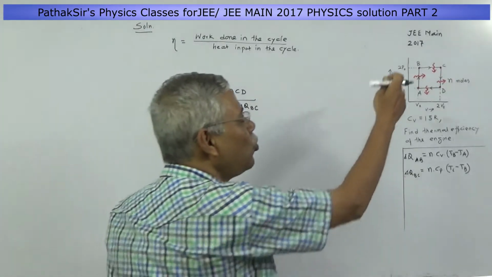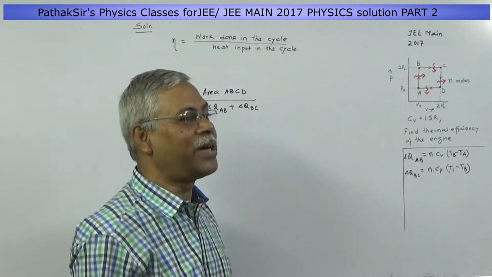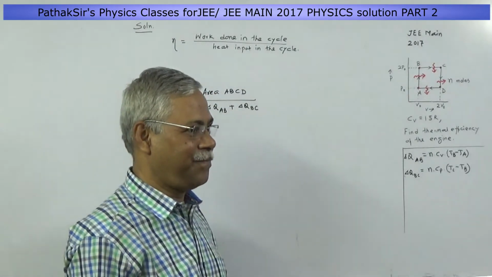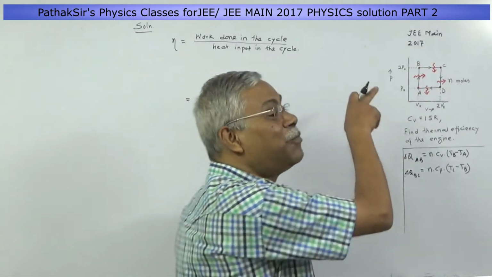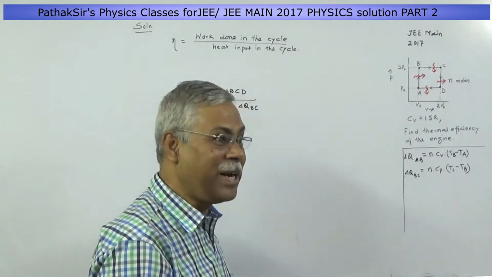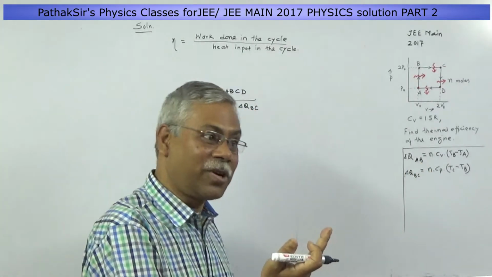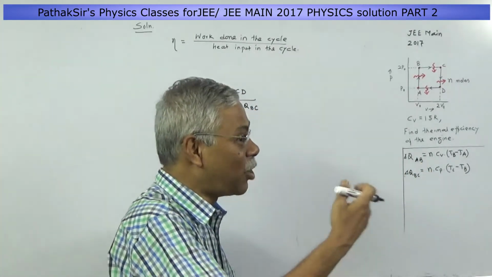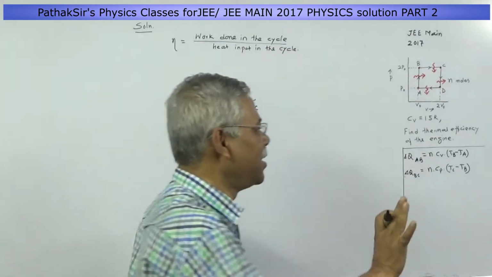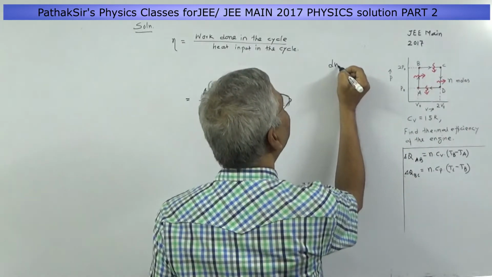So you will have to follow the cycle in order to know whether positive work has been done or negative work has been done. Work is positive if volume increases, because W equal to PdV. If volume increases, then dV is positive. Do not forget this.